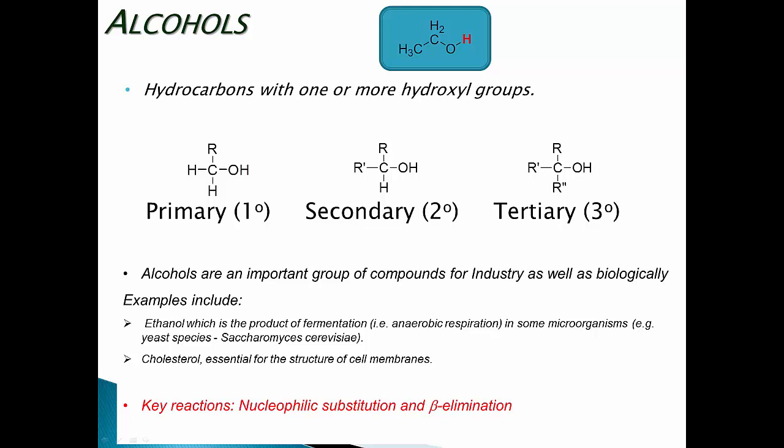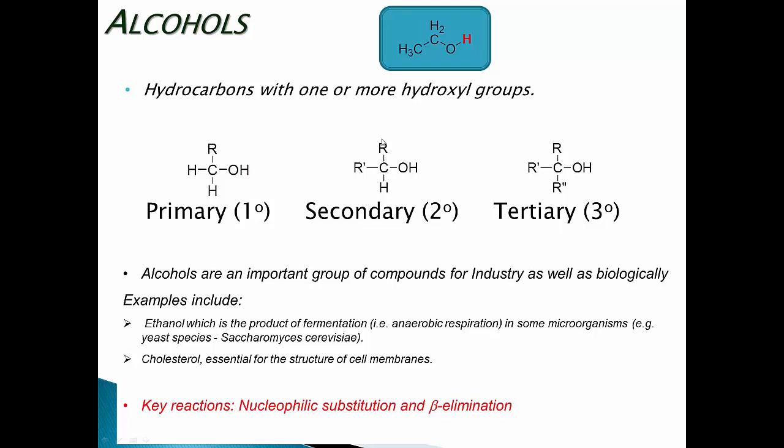The hydroxyl can be primary, secondary or tertiary. A primary alcohol is when you have an alpha carbon, a carbon that's bonded to an OH, a hydroxyl, and it has another carbon chain coming off it. This is a primary alcohol.